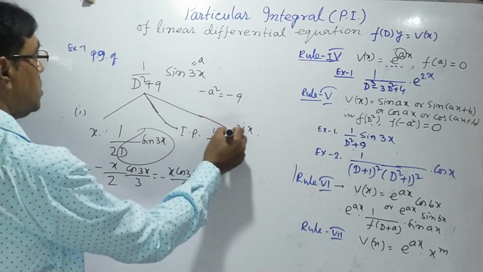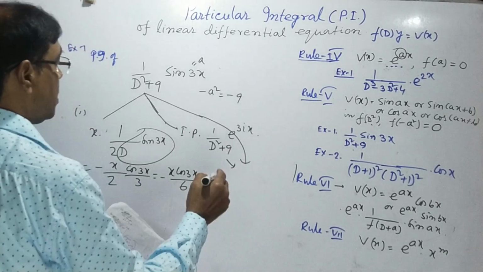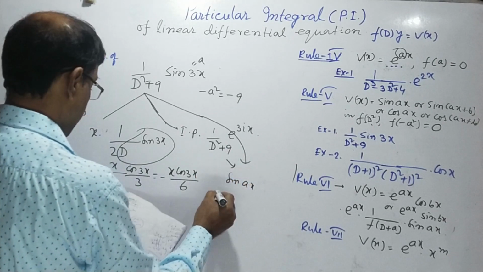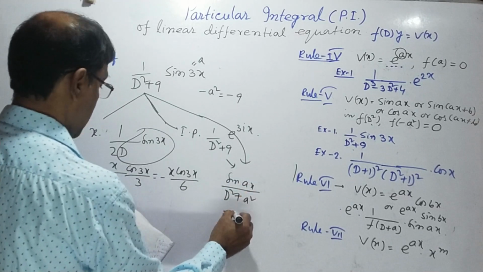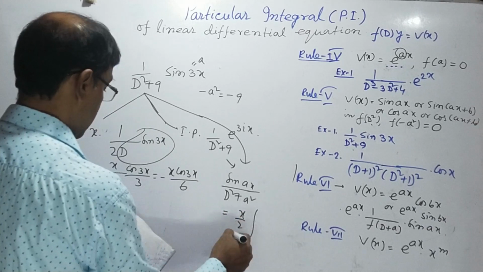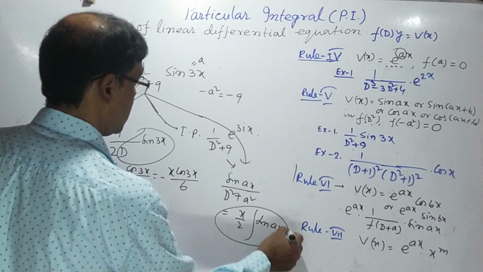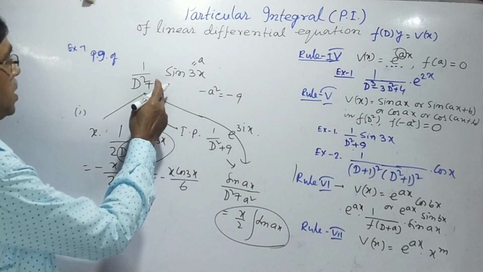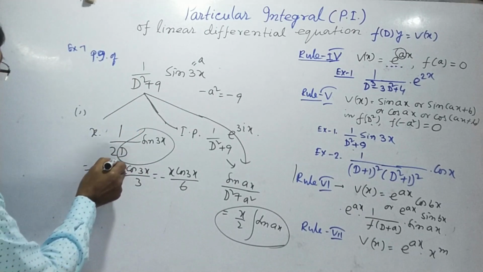And another method, the third method: we have a formula for sin of ax or cos of ax by d square plus a square, this is equal to x by 2 times the integration of sin ax, of this form, and integrating again, if it is a factor of 2, the same as this integration.